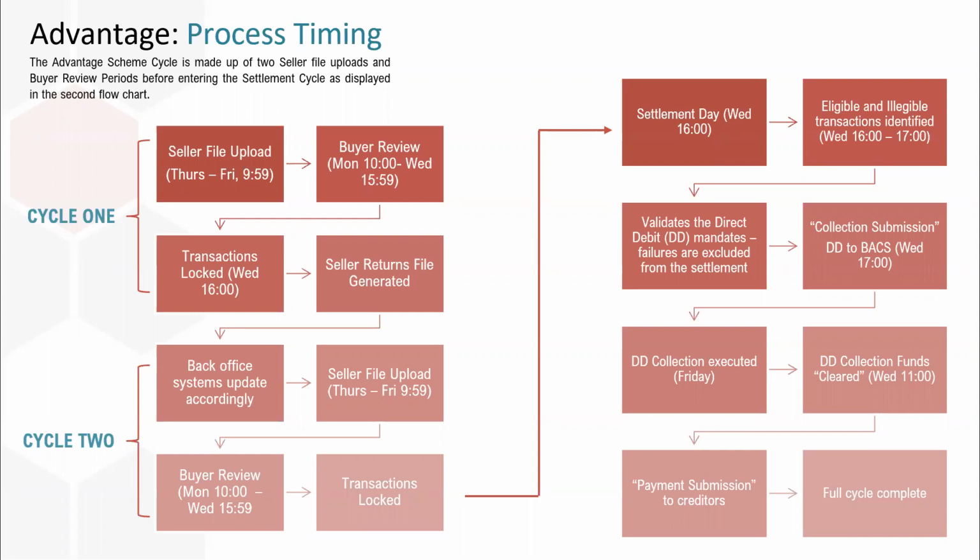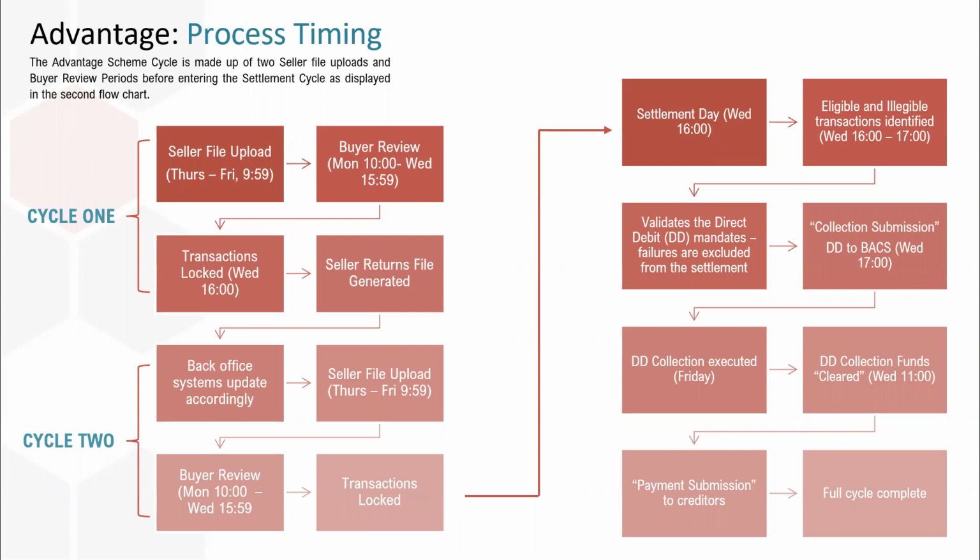Now on this second cycle's transactions locked, that is when the settlement day happens. So at 4 o'clock on that second Wednesday is when eligible and ineligible transactions are identified. So that happens in the hour after the buyer review period ends, and any direct debit mandates are validated, and any failures are also excluded from the settlement.